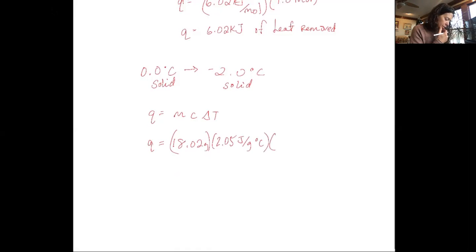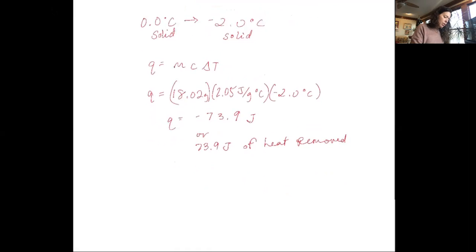And our final -2 minus our initial 0 is -2. And that's 18.02 times 2.05 times 2. Q equals -73.9 joules, or 73.9 joules of heat removed.